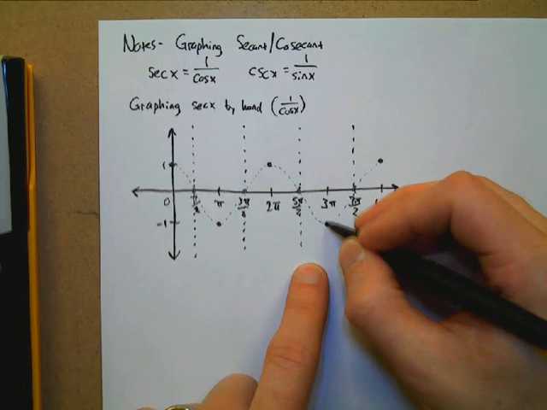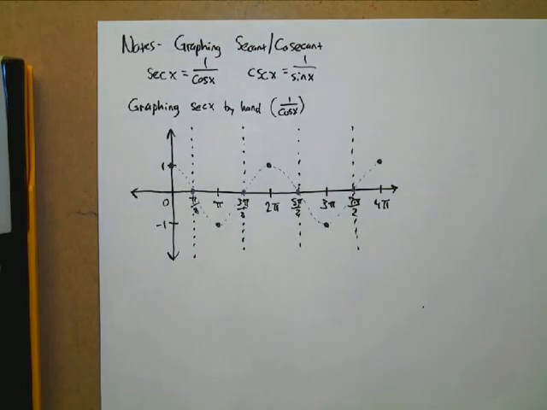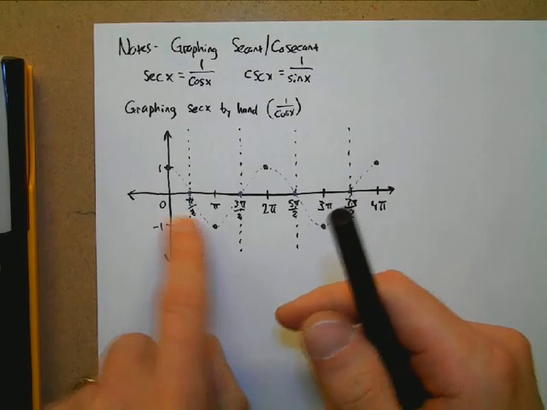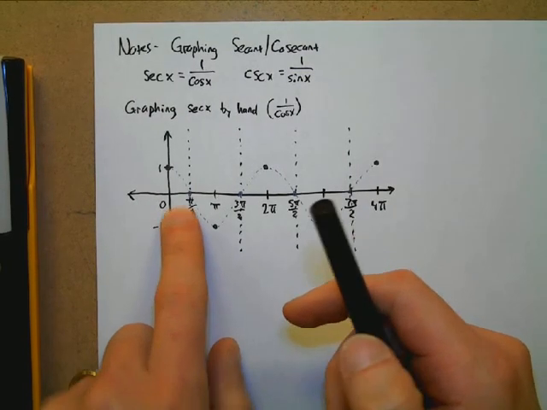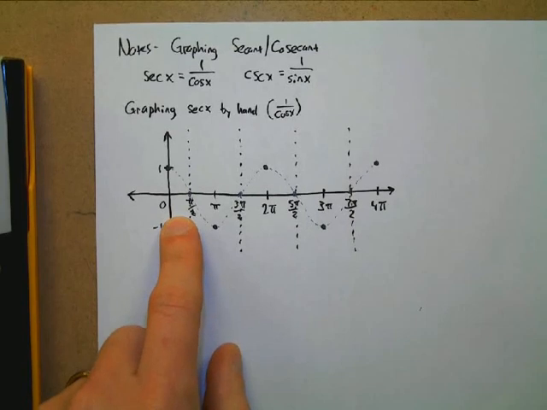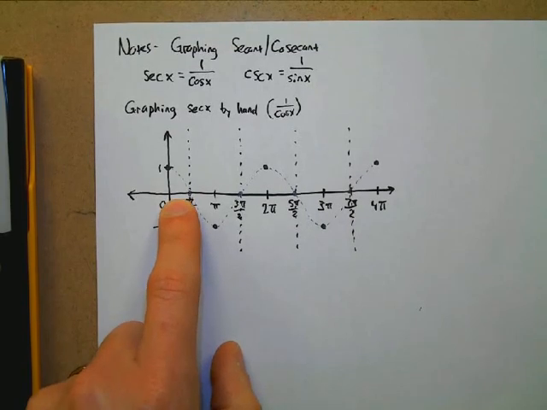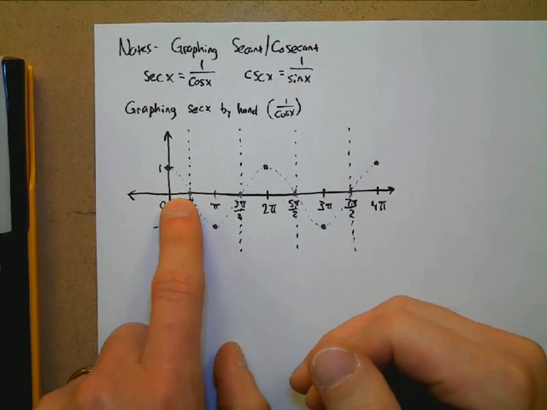Let's think about some other things in here. For example, some of these other angles that I'm going to imagine now because I didn't write them in. Let's say we had pi over 3 graphed in here. Pi over 3 is between 0 and pi over 2, maybe right there. What's cosine of pi over 3? Cosine of pi over 3 is 1/2.